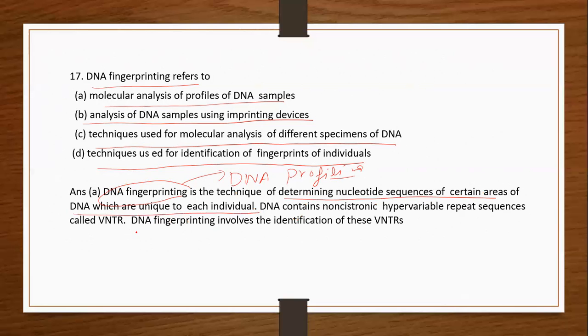Because of this unique nature, we can identify two individuals on the basis of VNTR, that is hypervariable repeat sequences. So DNA fingerprinting involves the identification of these VNTR regions. So option A, DNA fingerprinting refers to molecular analysis of profiles of DNA sample, is the correct answer.